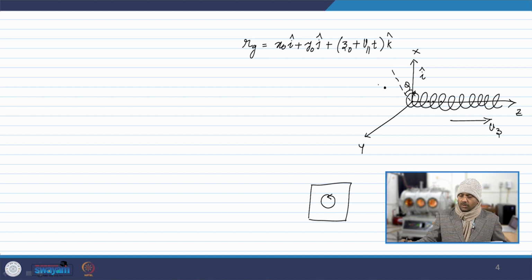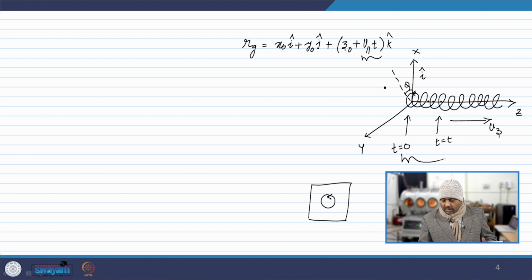How is it changing? Because it is moving with a constant velocity v parallel, the distance at any point is s equals ut, that is, v parallel times t. So, how far has it deviated from z0? The distance is the initial distance plus the distance that the particle travelled as a result of the velocity. At one point t equals t, and at the other point t equals 0.